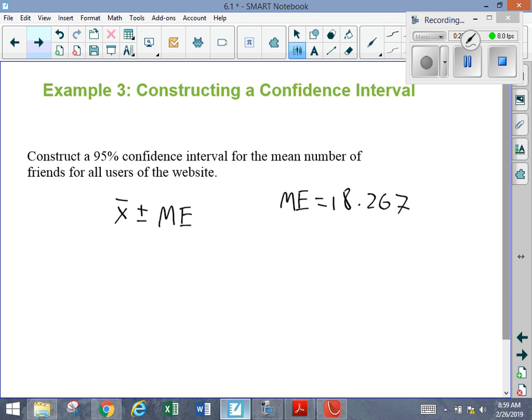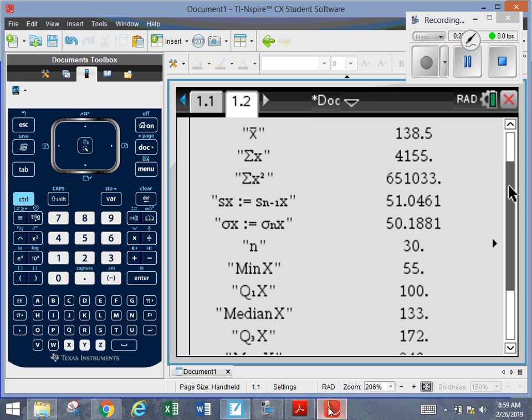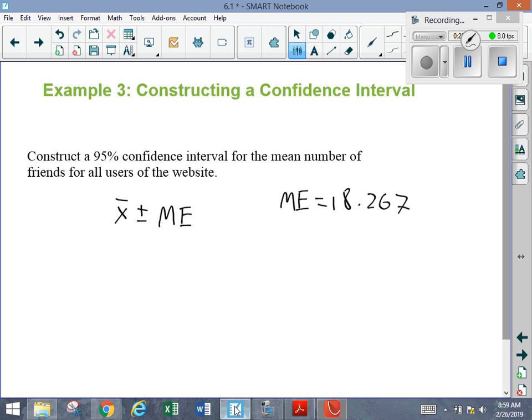All right. So we know our X bar. We calculated it here: 138.5, plus or minus our margin of error, 18.267. What we're going to do is calculate an interval. I know it looks like a set of points, but it's not. It's an interval. It's our lowest value and our highest value.